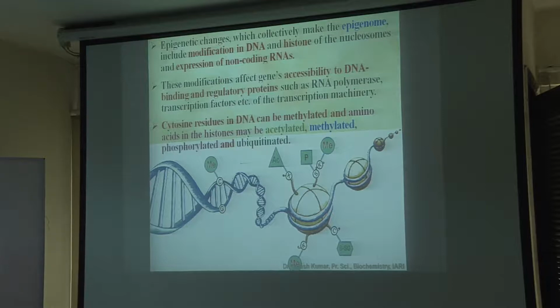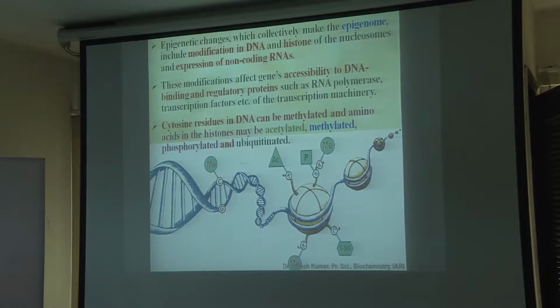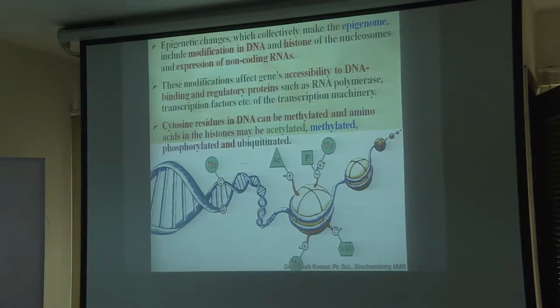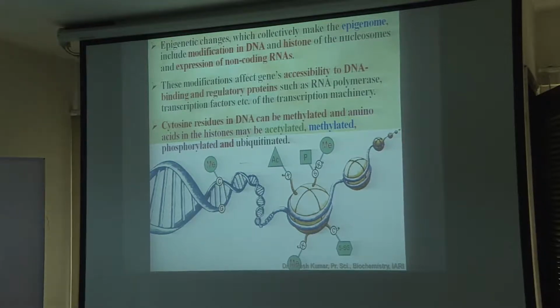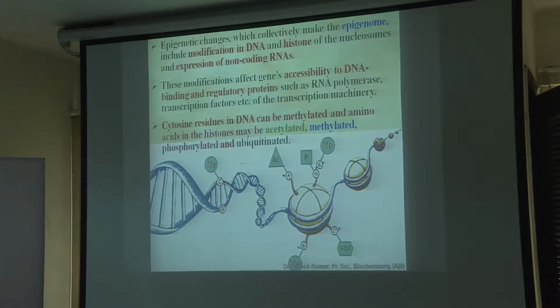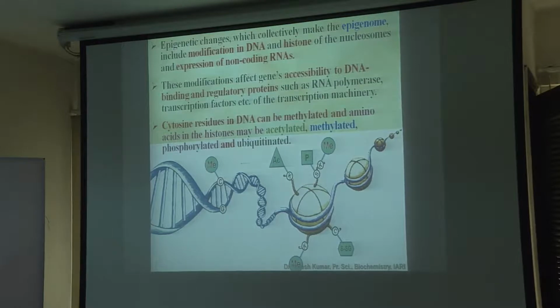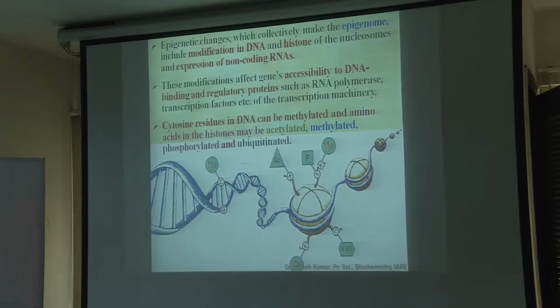After knowing all these things in animal systems, we are now trying to see whether they are present in plant systems also, and if they are present, how they affect or regulate gene expression. And if we know that, what is our target? To regulate expression of a gene under particular circumstances, maybe some stress or normal growth condition, where we want a particular trait or gene to over express.